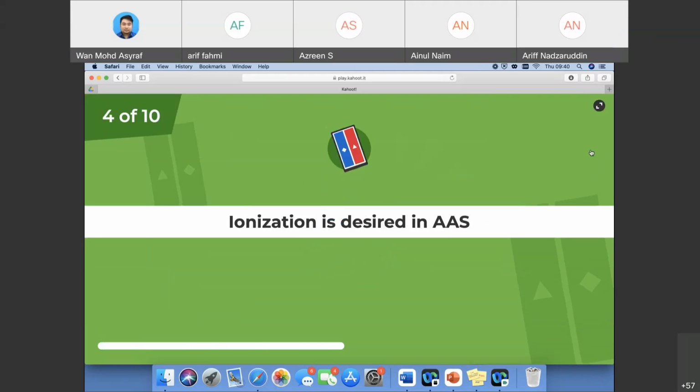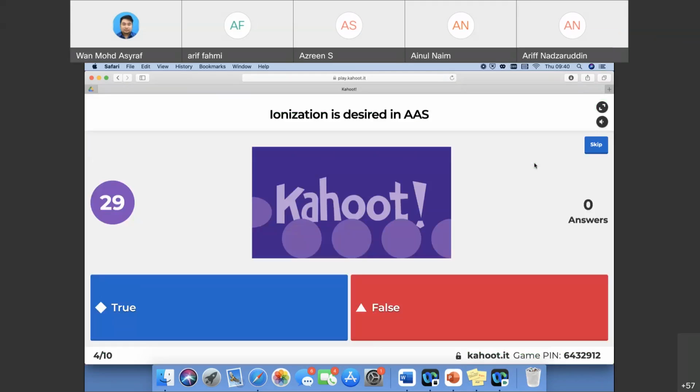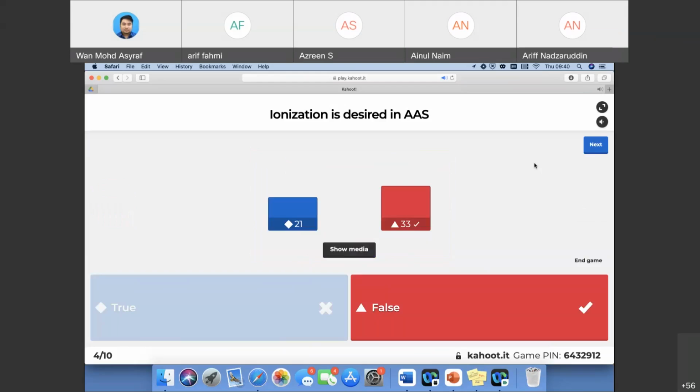So ionization is desired in AAS. Betul ke salah? Is this correct? Do we want ionization in AAS? So the answer is false here.